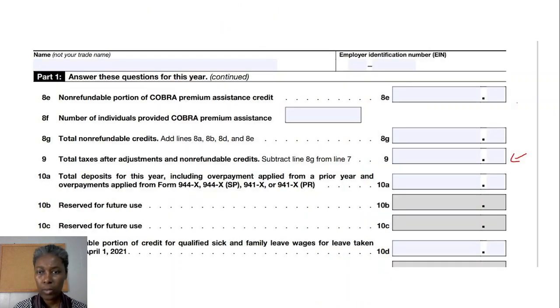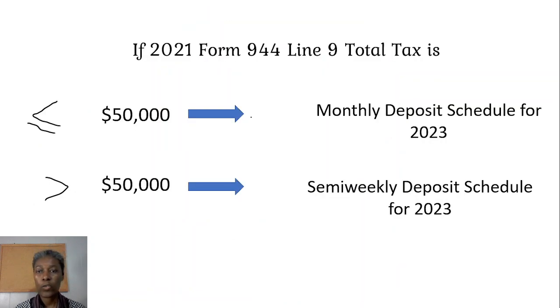So let's go back. We saw Form 944 line 9. First, you need to know your deposit schedule for the year, and that's something you choose at the beginning of the year. You look back 2 years ago at the Form 944 tax return. If you are choosing a deposit schedule for 2023, you need to pull your 2021 Form 944 that you filed.